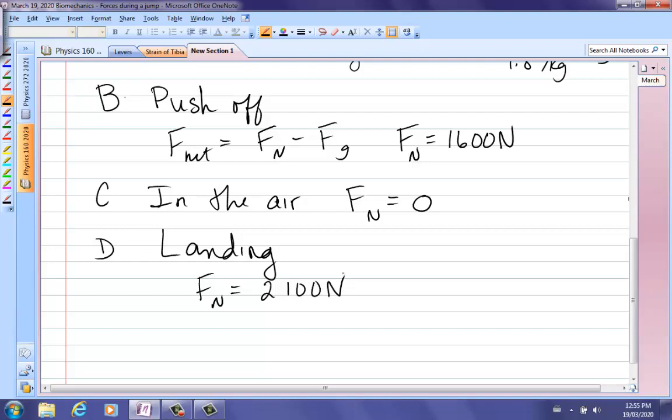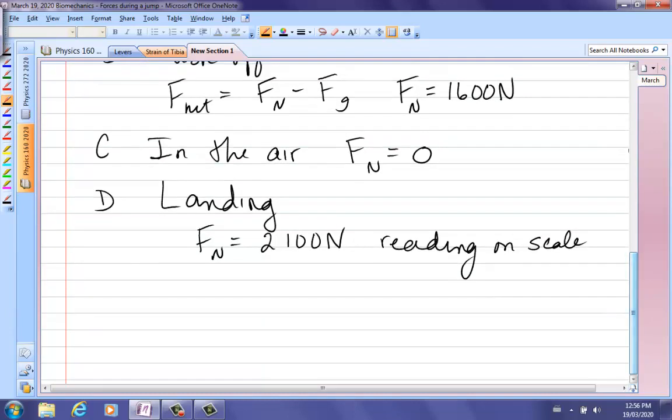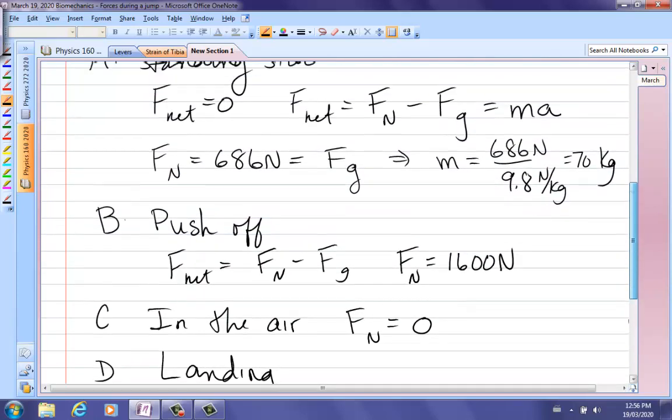And that's because you tend to land much more quickly and come to a stop more quickly than when you're pushing off to accelerate up. That Fn, once again, is the reading on the scale, and that is also on the graph. And then when you stop and you're still, for part E, the normal force is your weight again, 686 newtons. And you can see that from the graph.